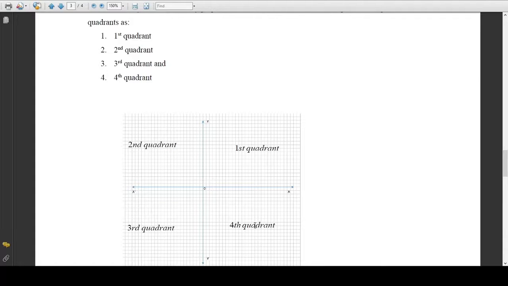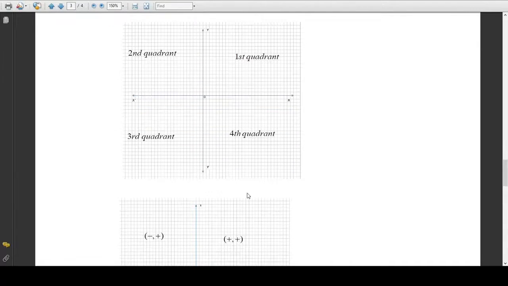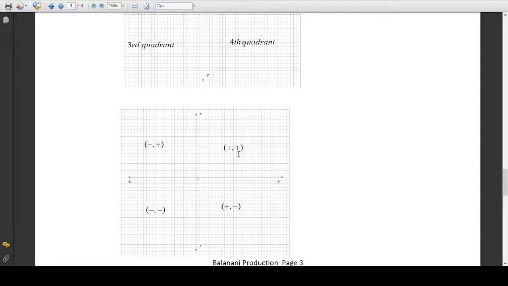Okay, first quadrant, second quadrant, third quadrant, and fourth quadrant. Any point in the first quadrant is represented with plus signs. That means the x coordinate is plus and the y coordinate is plus.